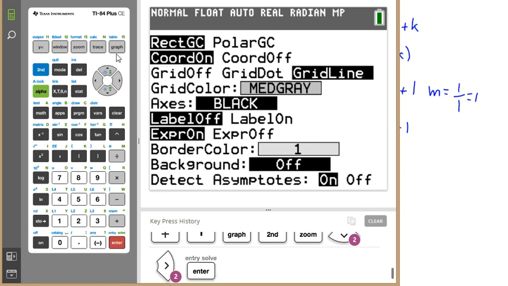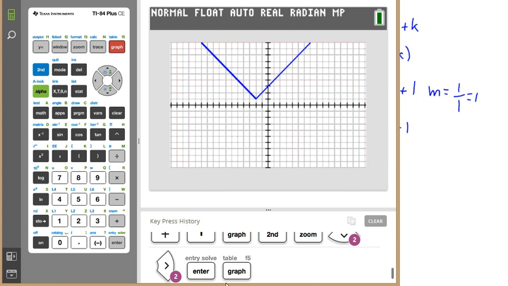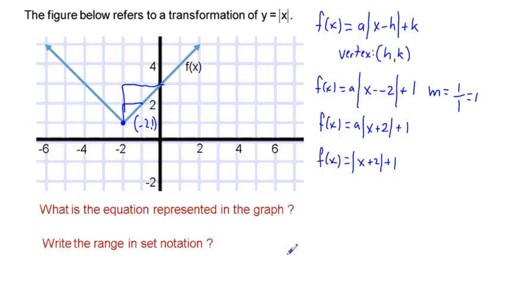So now graph, so we see that, and the last thing I'm going to do is take the dimensions of the graph. So our x value from -6 to 6, our y value from -2 maybe to 4, or -2 to 6. So let's do that and see if it looks the same.